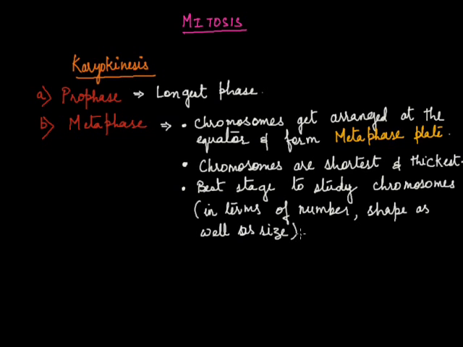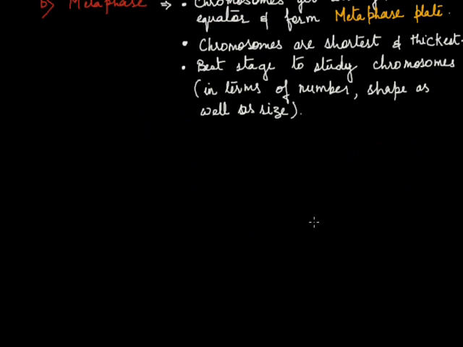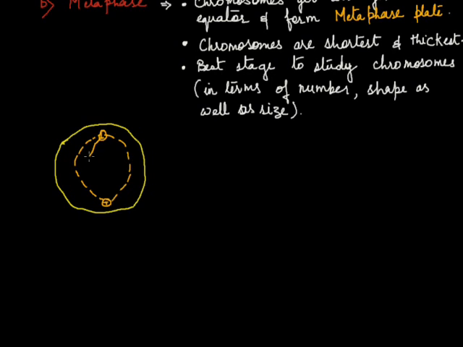If we represent metaphase stage diagrammatically, say for example, if this is the cell, and we are representing the spindle fiber. Remember, there are two types of fibers, the continuous fibers and discontinuous fibers.